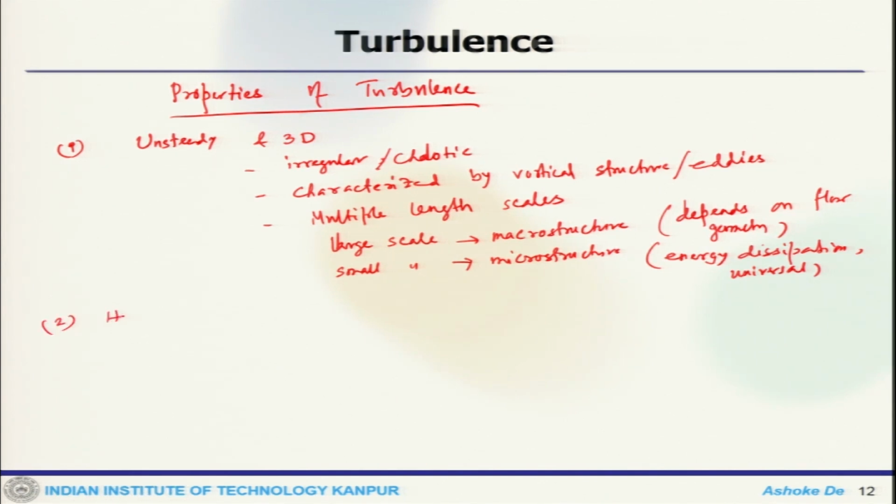Second, it is a high Reynolds number flow, in which large scale structure is independent of Re, which is called scale similarity.